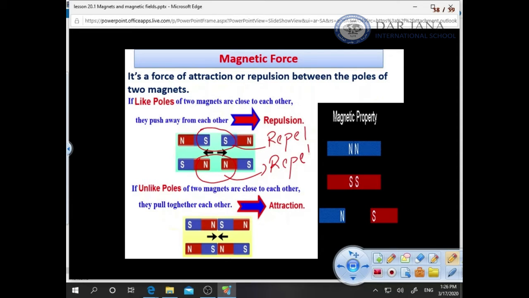What will happen if we put two different poles like N and S? If we put N and S, they attract each other. So same poles repel and different poles attract.